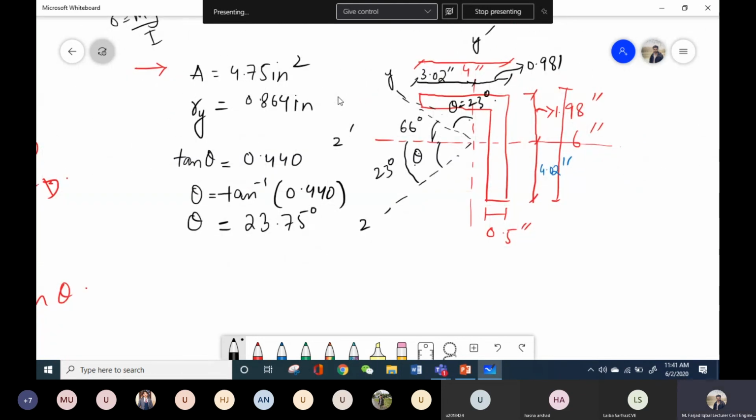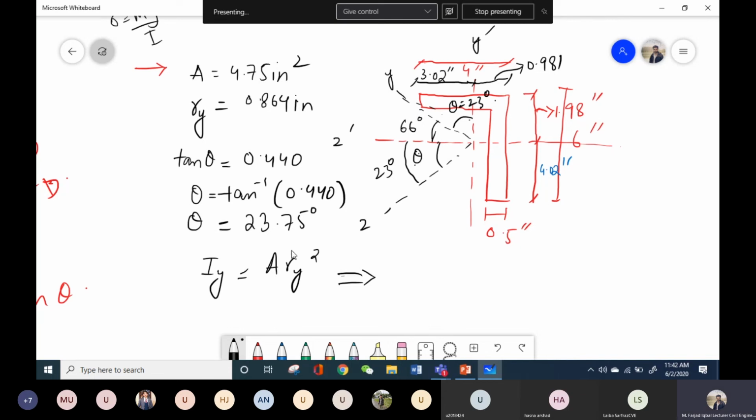Okay. So now we have these angles, and the next thing is we need to calculate the moment of inertia about this principal axis. So what will be the moment of inertia about this y-axis? We know the radius of gyration Ry, so I can use it as A Ry squared.